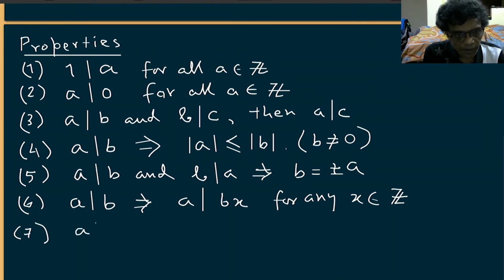Suppose that a divides b_i for i equal to 1, 2 up to k.